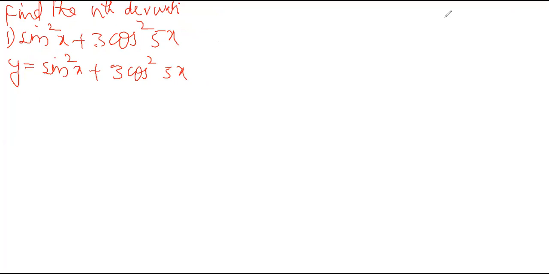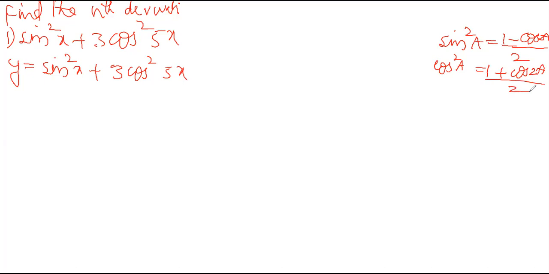The trigonometric formula: sin square a means (1 minus cos 2a) divided by 2, and cos square a means (1 plus cos 2a) divided by 2.